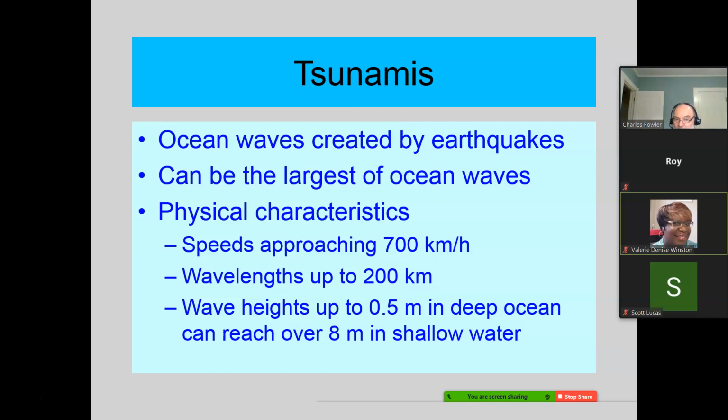That could be it on the open ocean, but in shallow water, once it gets up to shore and starts building, it could reach up to 8 meters. Now, what's 8 meters? I'm about 2 meters tall. This room behind me here would be about 3 meters tall. 8 meters would be almost a 3-story building.